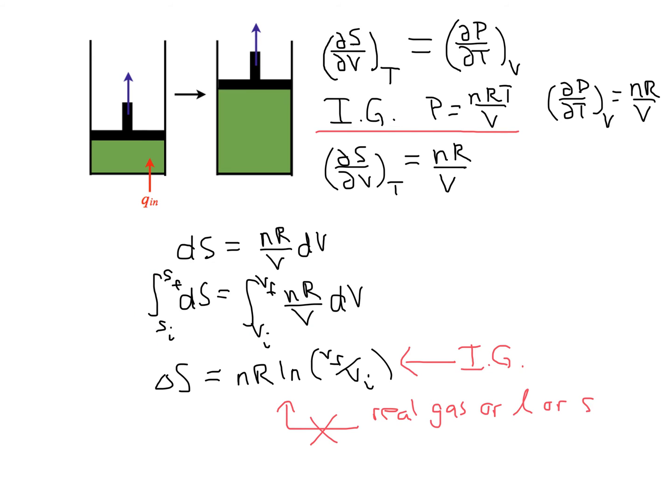Notice that in the isothermal expansion, some heat from the surroundings or from the reservoir must enter the system. So it's instructive to look at what happens to the entropy of the reservoir, because the reservoir must have lost heat if the system gained energy as heat. During a reversible expansion, we know that the system gains energy as heat. However, the system also loses energy as work, and so the total change in internal energy of the system is Q plus W. So we can represent that graphically in this way.